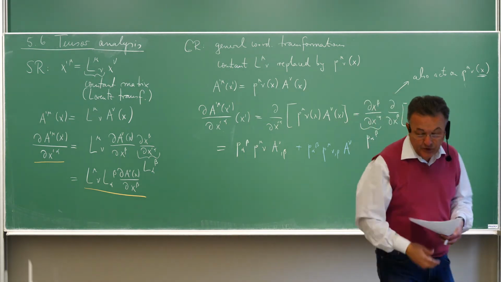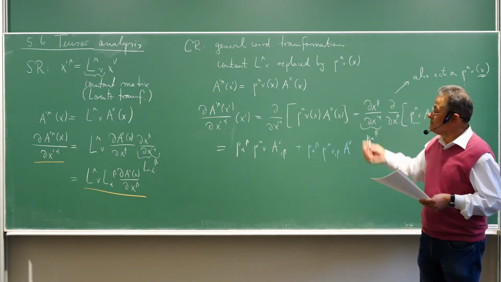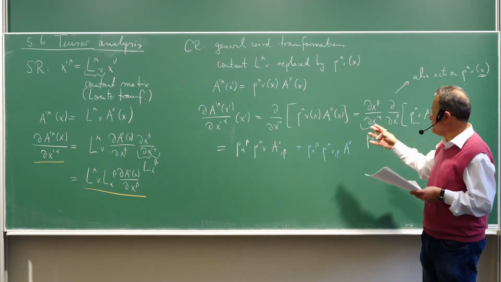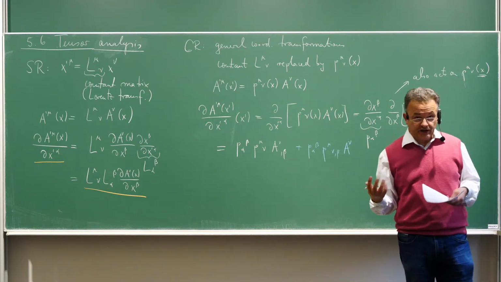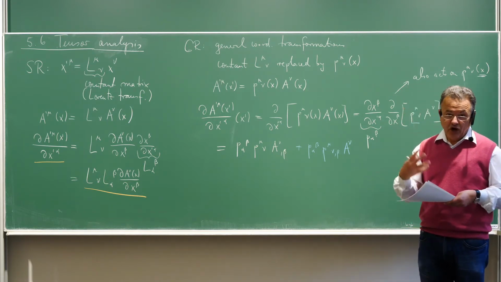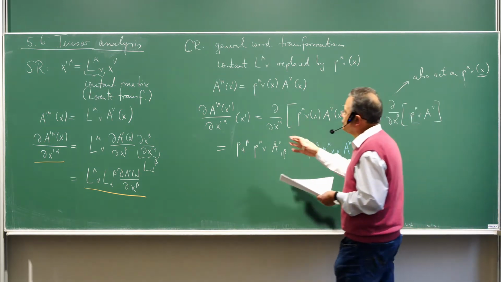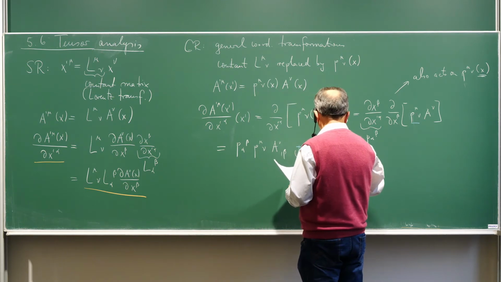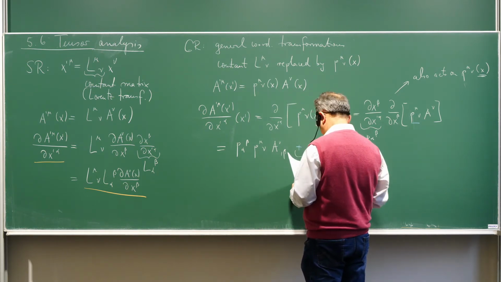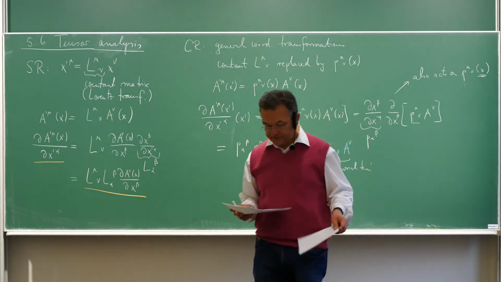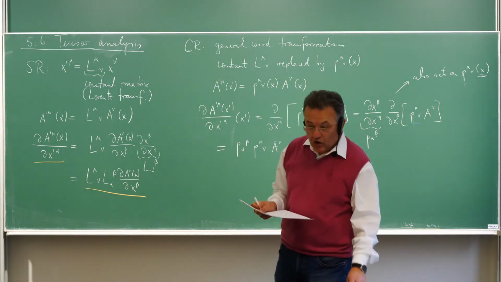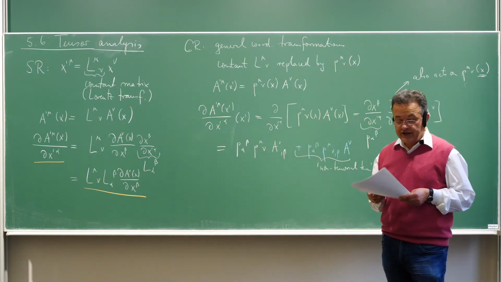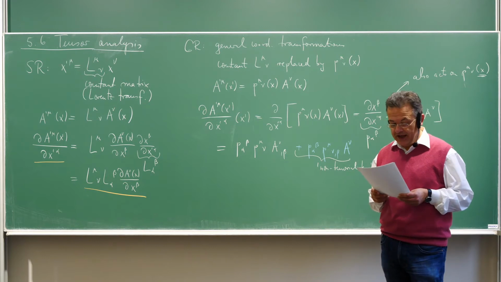So what does this mean? This means that partial derivatives by themselves are not of much use as fundamental entities in the field equations, because we want to have equations that are covariant, that have the form of tensors. So we have to modify this. This is a non-tensorial term, if I may call it like that. So the goal now is to construct a derivative, and we shall call it the covariant derivative, that transforms as a tensor.